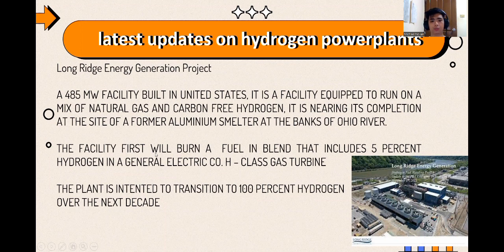The facility first will burn the fuel in a blend that includes 5% hydrogen and the General Electric turbine. The plant is intended to transition to 100% hydrogen over the next decade. So this thing will become large by the next decade.